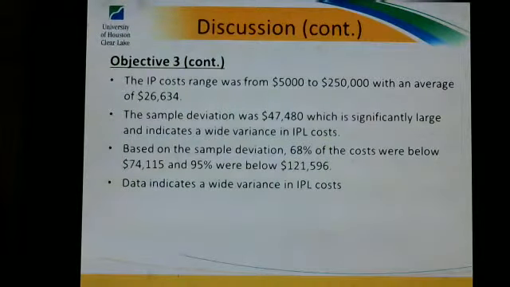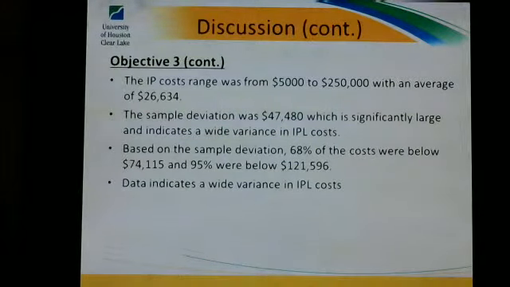The IPL costs range from 5,000 to 250,000, with an average of 26,634. So you can see there's a wide range in the IPL costs. These costs were basically estimated capital budget costs, not the actual costs of what the device installation actually cost.